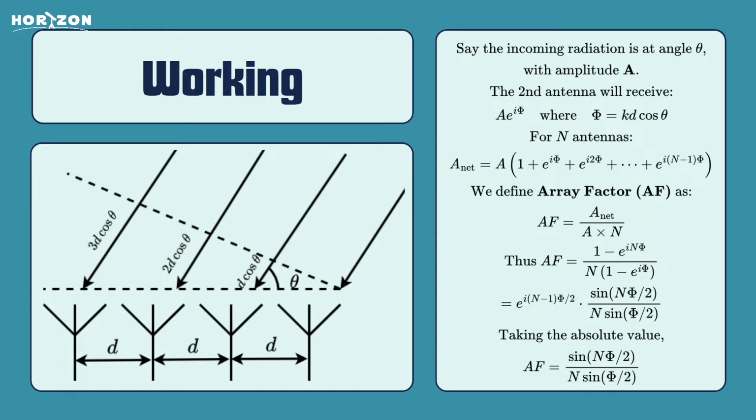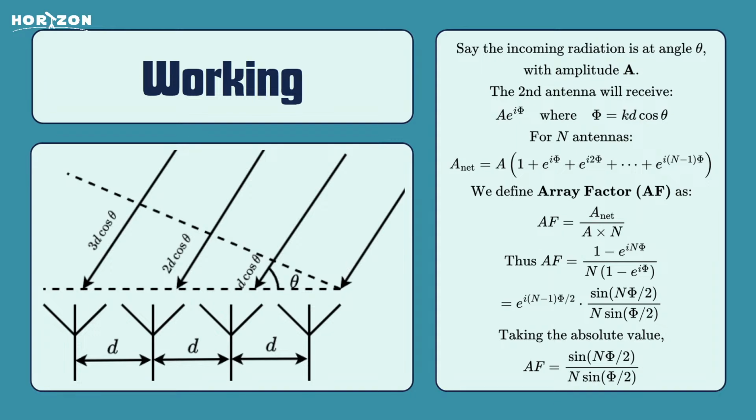So if we put that equation in and solve the sum of that geometric progression, we get the array factor equal to (1 minus e power iota n phi) divided by n times (1 minus e power iota phi). This is a very well known geometric progression sum equation. Now we can do a very nifty trick, again from complex variables: in the numerator we can take e power iota n by 2 phi outside.